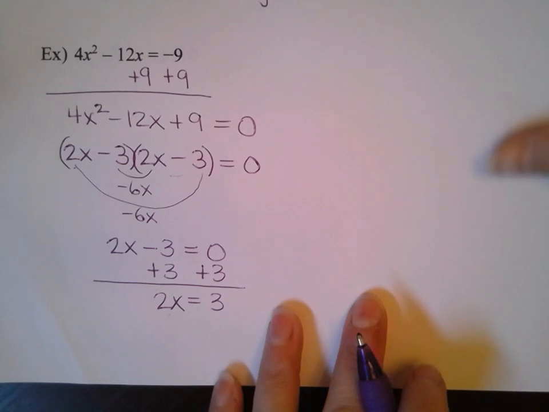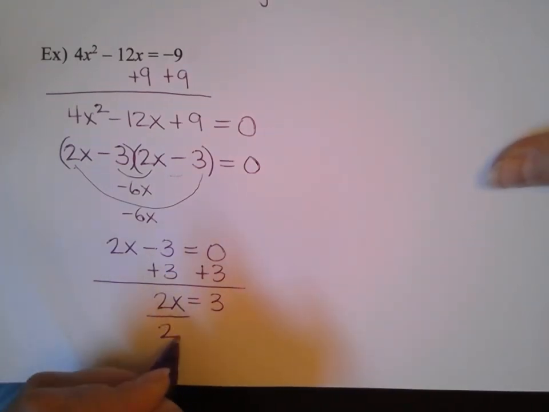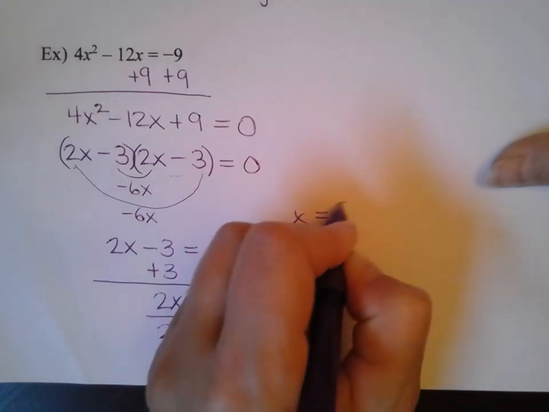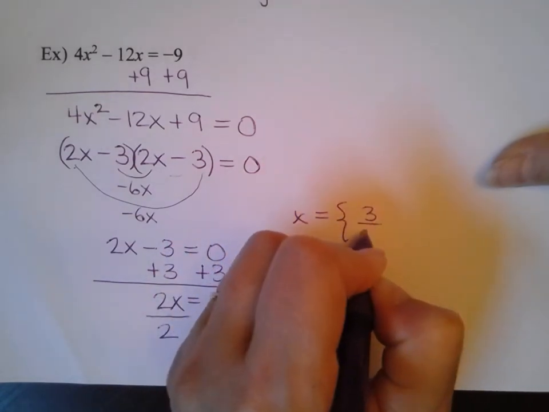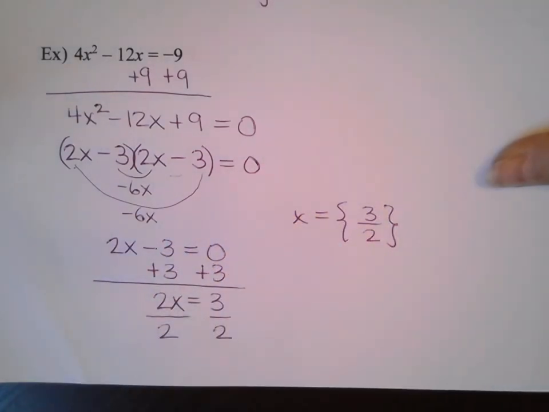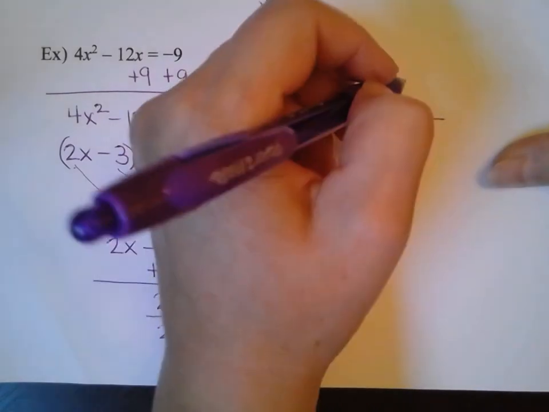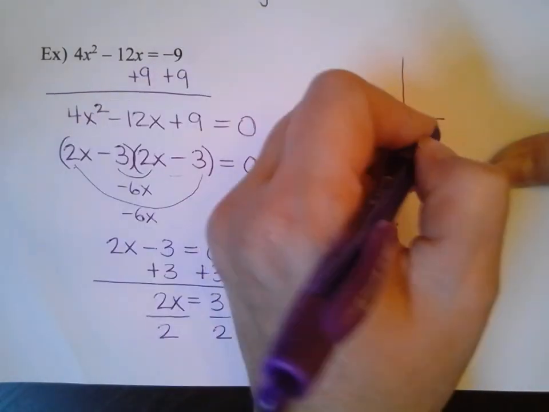I'm going to add my 3 over and then divide by 2. So I just get one answer this time, 3/2. Or you could change it to 1.5 if you like the decimal form better. In terms of the mental picture of the parabola, oops, it's on this side, isn't it?